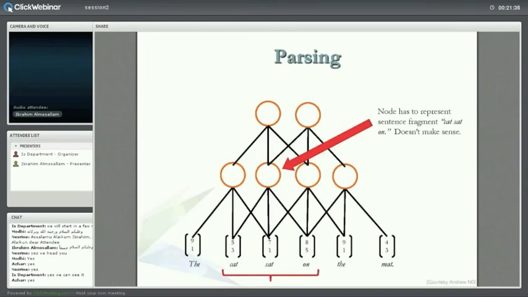Another application, this time by the machine learning group at Stanford University: they've used it to parse sentences. Take this sentence, the cat sat on the mat, for example. Now just imagine that each word has been represented with two values, just two pseudo features.